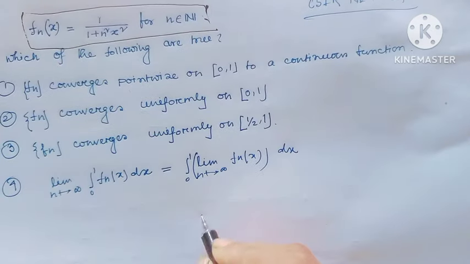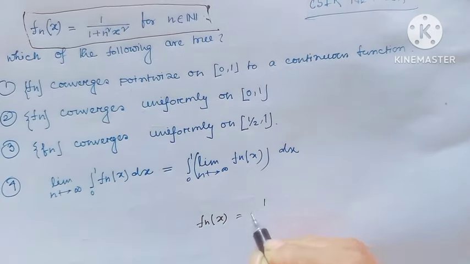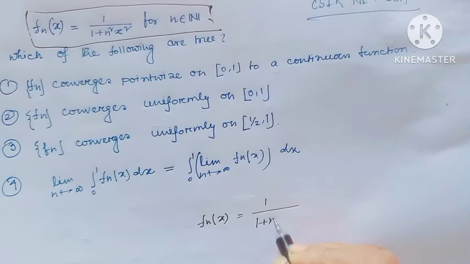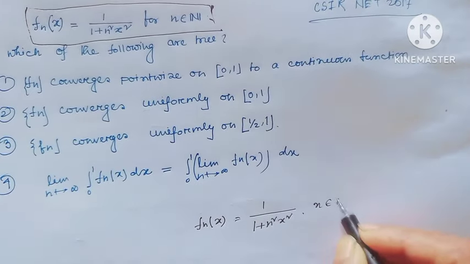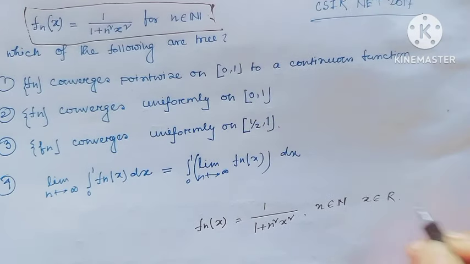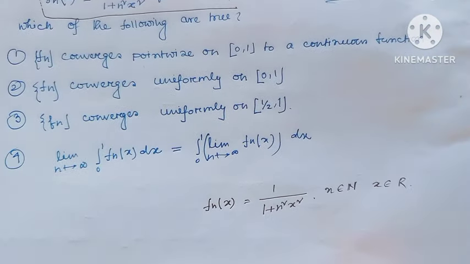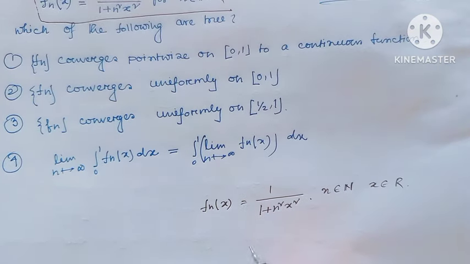Here notice Fn(x) equals 1 over 1 plus n squared x squared, where n belongs to the natural numbers and x belongs to R. Does Fn converge on the closed interval 0, 1?